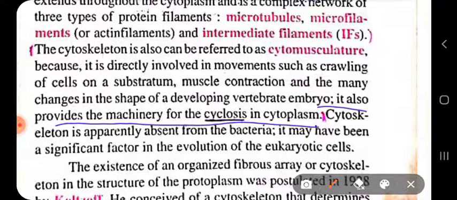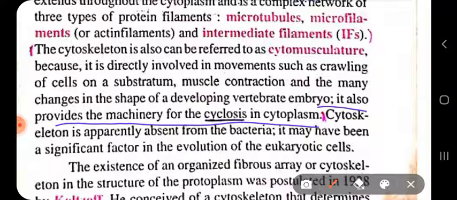Cyclosis is the flow of cytoplasm inside the cell, driven by the forces from the cytoskeleton, in order to speed up the transport of molecules and organelles around the cell. So cyclosis simply means the flow of the cytoplasm inside the cell. The cytoplasm is moving inside the cell, and it is driven by the forces from the cytoskeletal proteins. So cytoskeletal protein filaments help in this movement.